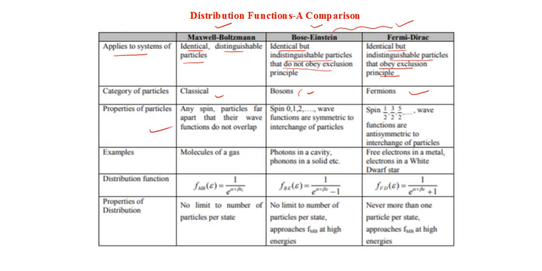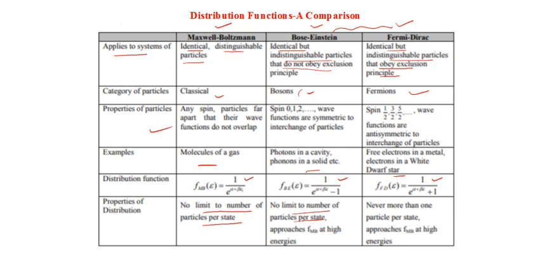Properties: you know the examples already. See the distribution function, the final equation I have introduced, written here. For the properties, there is no limit to the number of particles per state. Any number of particles can get into any state, because there is no exclusion principle there.